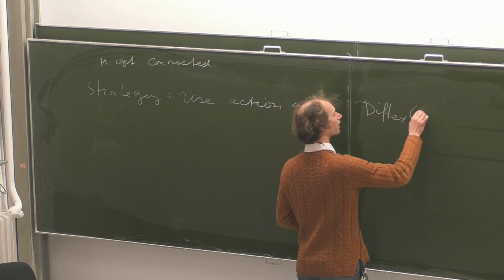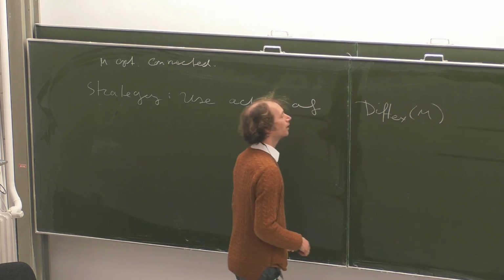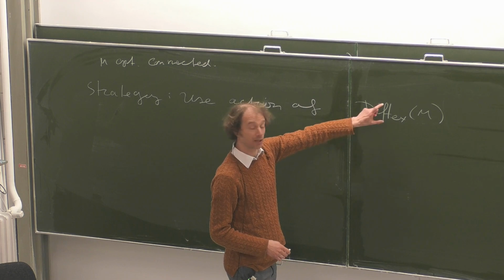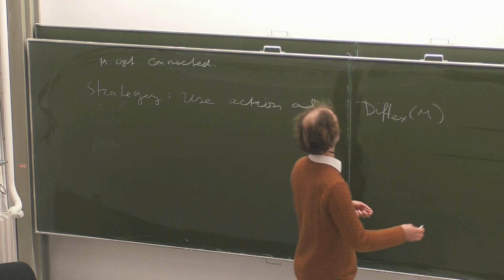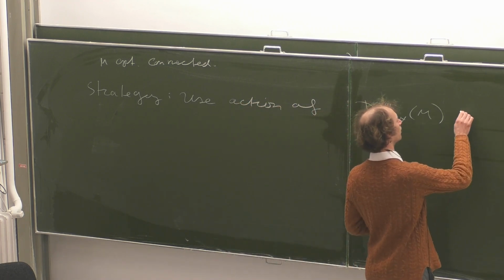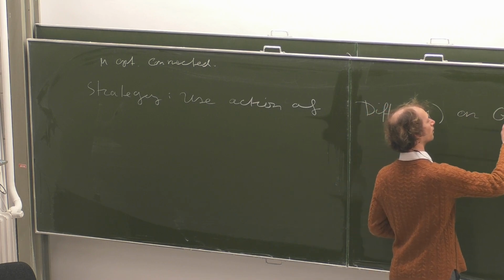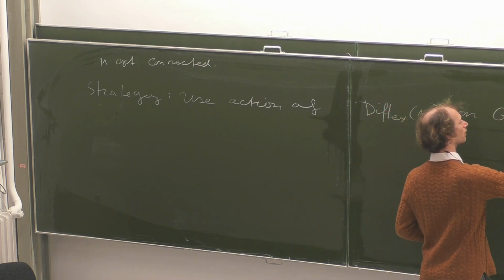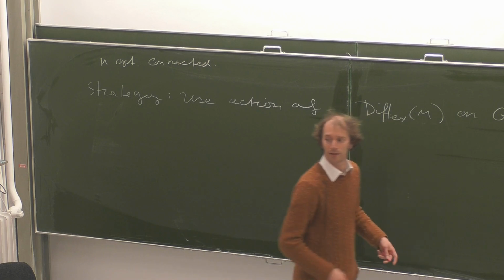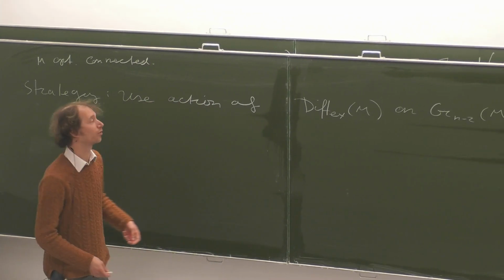There exists a connected regular Lie group of exact volume preserving diffeomorphisms. It acts on the codimension 2 Grassmannian.